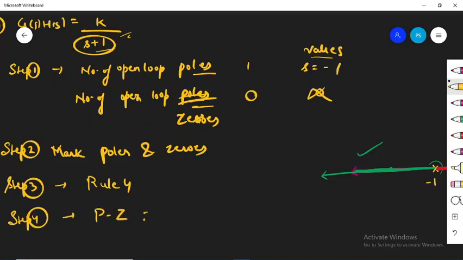What is the value of p minus z? Because that will tell you whether the system is having asymptotes or not. So p minus z, if it is not 0, that means the system is having asymptotes. Here we have total number of poles 1 minus total number of zeros 0, so that's equal to 1. Hence the asymptote will exist.